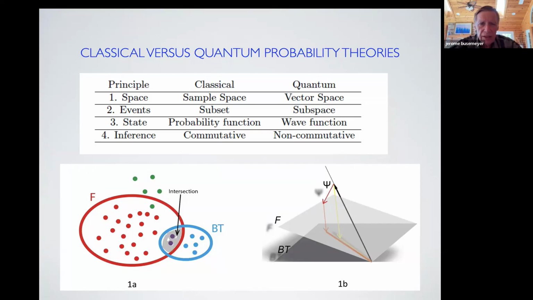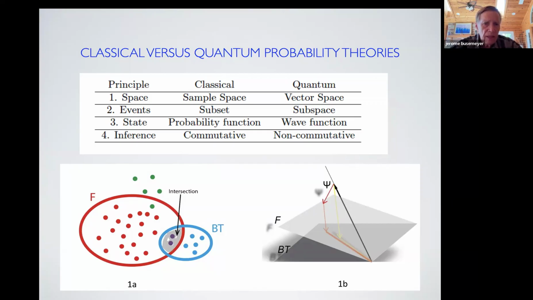Now, I think this is the critical place where things become quantum. When you work with events that are subsets of a sample space in the classical situation, you're working with a Boolean logic. So you have all these Boolean axioms. First, you have closure: if feminist is an event and bank teller is an event, then feminist and bank teller has to be an event too, because it's the intersection.